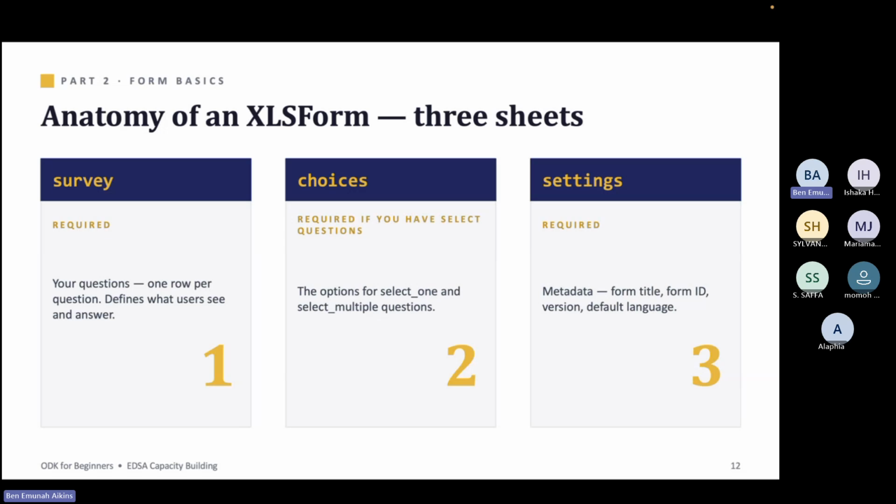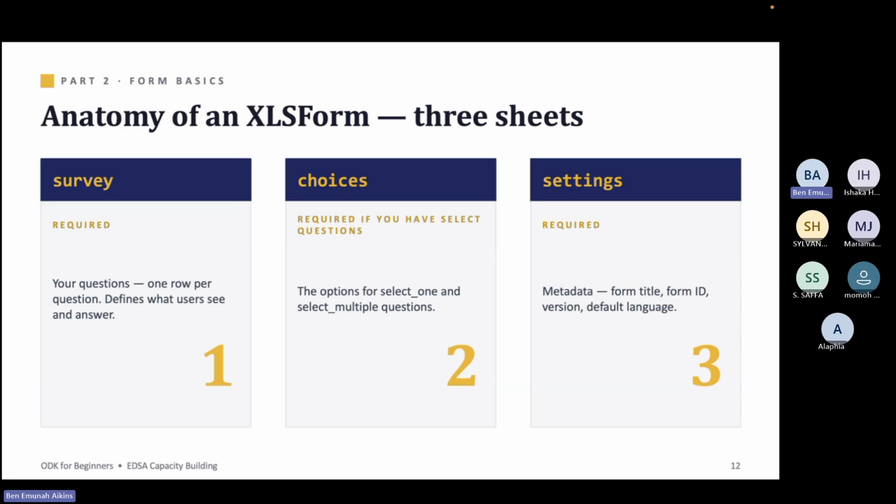The sheet has some columns which, through their configuration and syntax, let users see something the way they will see it, type whatever they type, and answer whatever they answer the way they have to answer it. Even the building of my logic inside my form all takes place in the survey sheet.